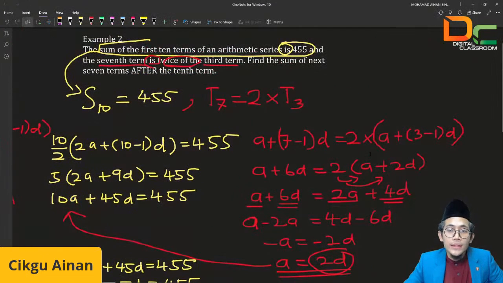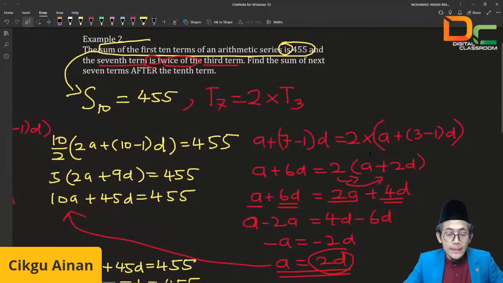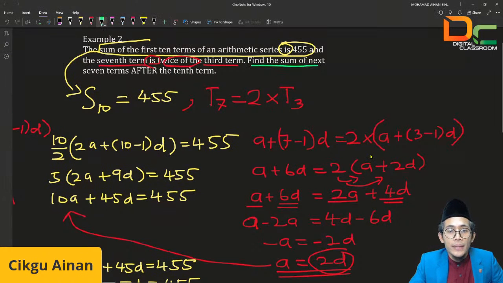Now the question doesn't really ask about the first term and the common difference. The question is asking for the sum of the next 7 terms.